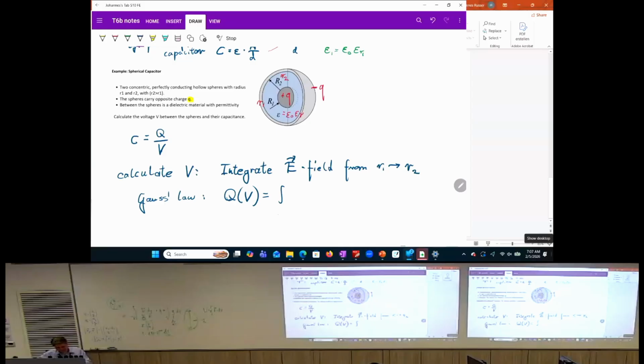This is a virtual volume. And we obtain whatever charge is in this virtual control volume by integrating over the closed surface area of that control volume over the electric flux density, over the electric displacement field.